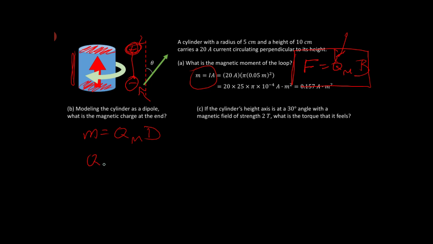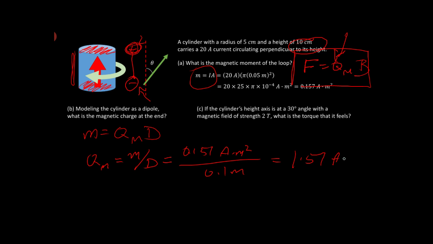So Qm, that magnetic charge, is equal to the magnetic moment over that height, which is the 0.157 amp meters squared over 10 centimeters, which is 0.1 meters, which is 1.57 amp meters there.